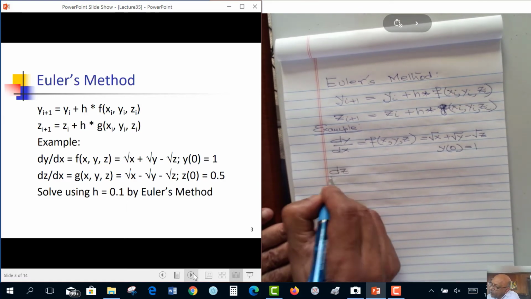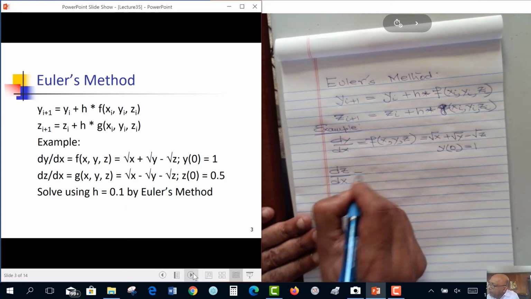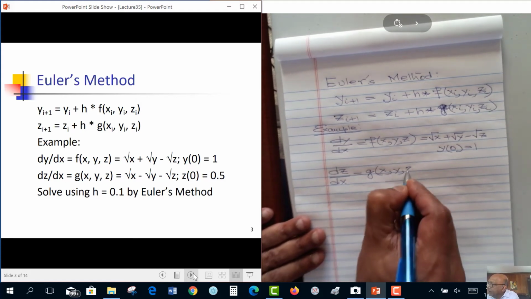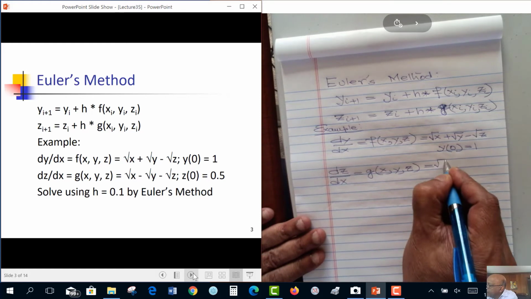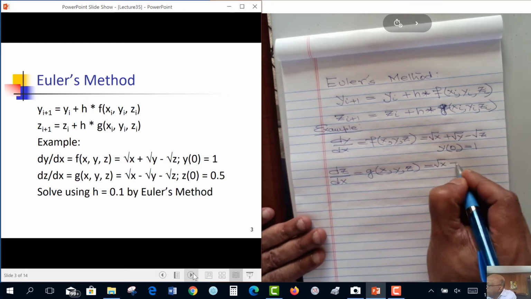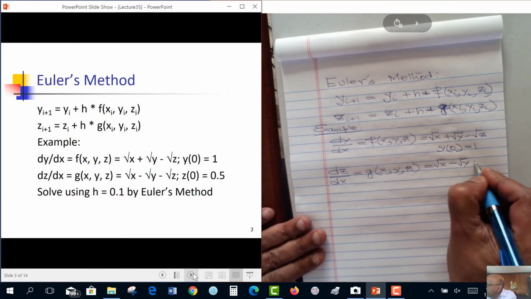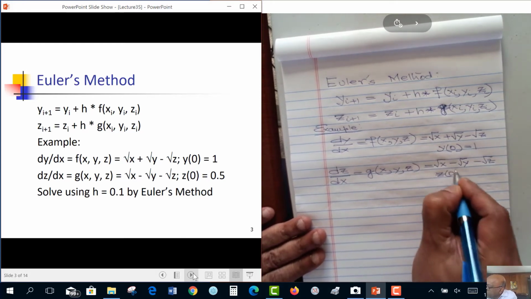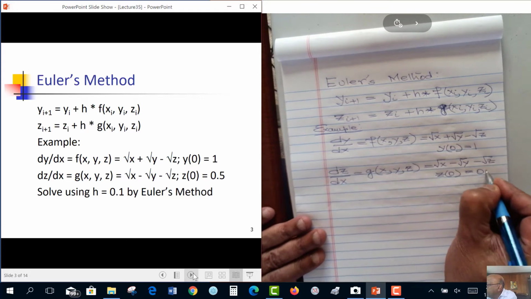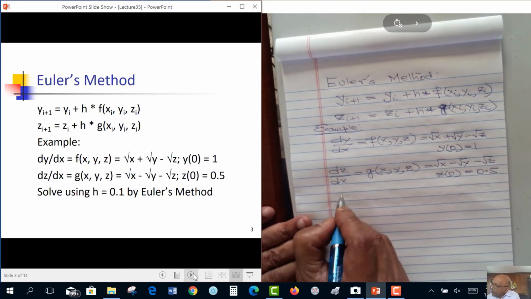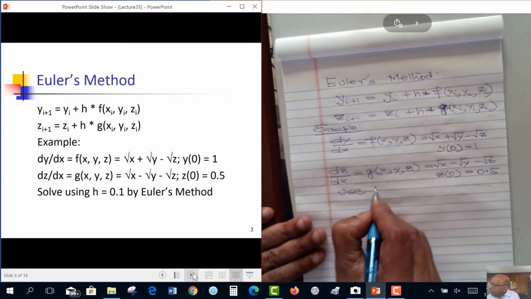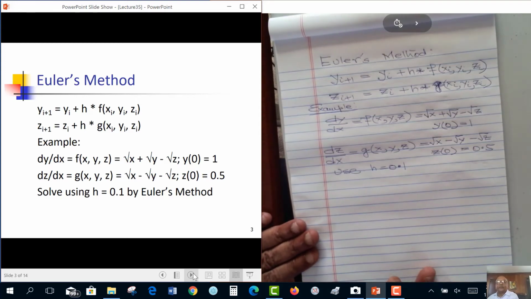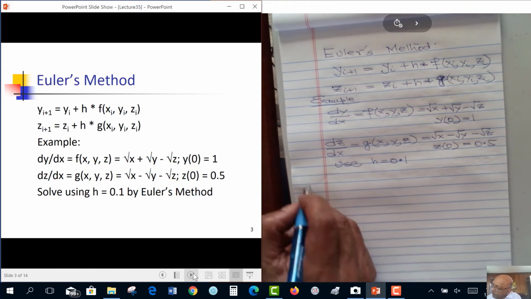Our second differential equation is dz/dx, function g of x, y, z, and this function is square root of x minus square root of y minus square root of z, and z at 0 is 0.5. So we are going to use h equal to 0.1 and do one step.